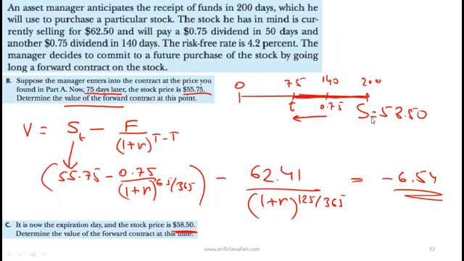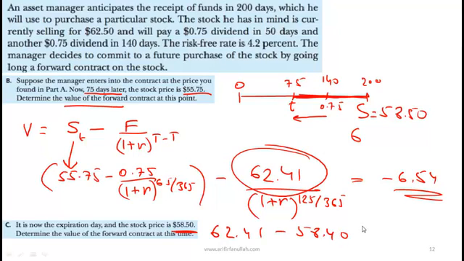The price went down, so the short benefited. By how much? The forward price, which was 62.41, minus 58.50, which is 3.91. This is the benefit to the short.